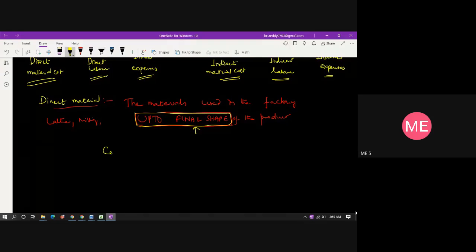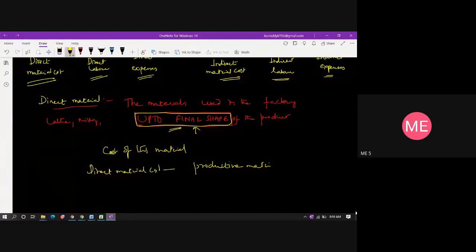The cost of the material which is used directly to produce the final shape of the product is called direct material cost, and it is also known as productive material cost. Next, coming to the indirect material cost.